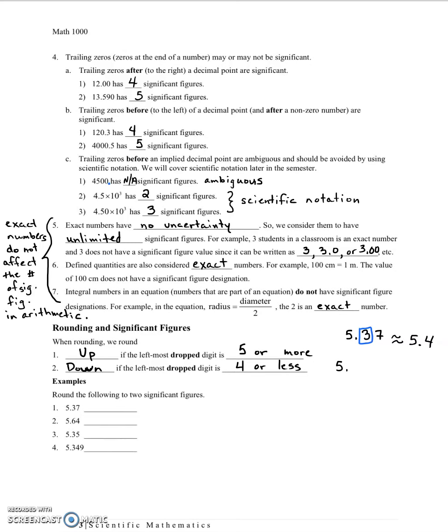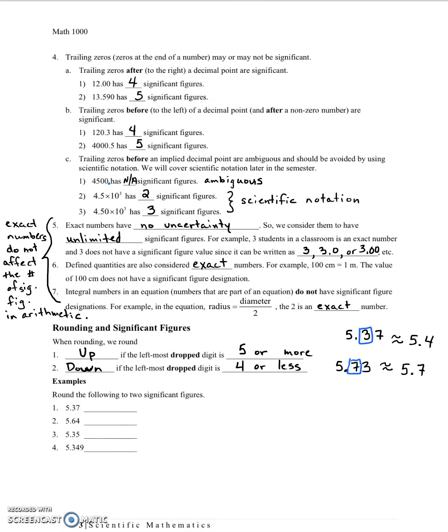Okay, if I had 5.73 and I said round to where the 7 is, then we look one digit to the right, which is the 3. That's 4 or less, and so we round down, so the 7 stays the same. So 5.7. So we need to round the following to two significant figures.